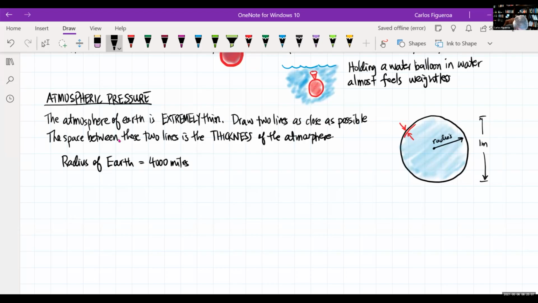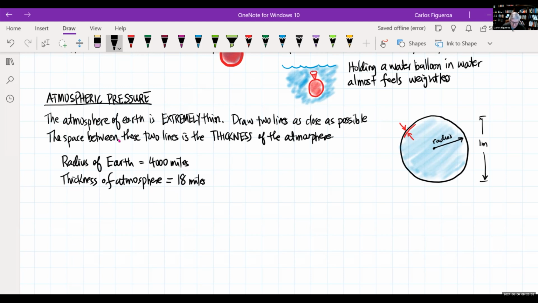Now, the thickness of the atmosphere is 18 miles. Do you know how far 18 miles is? I'll tell you how far 18 miles is.